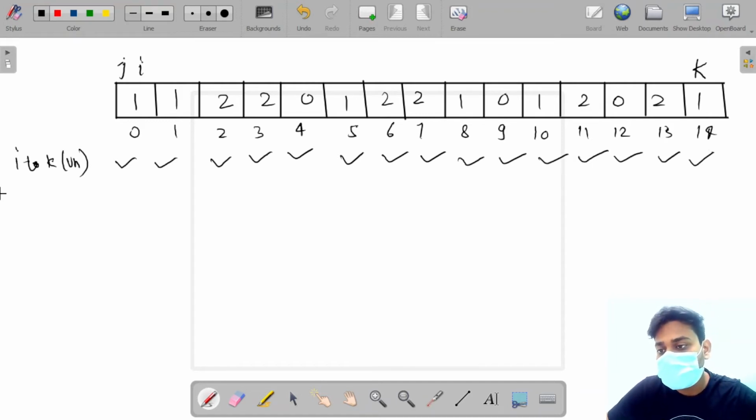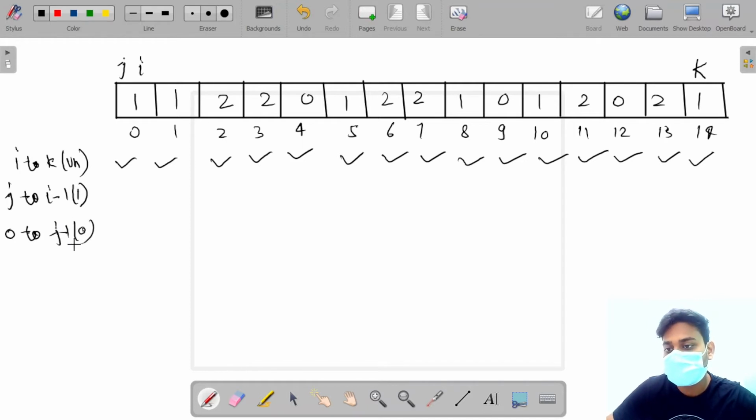The second region will be from j to i minus 1, which will be known as the region of ones. Initially the region of 1 is undefined because all the elements lie in the unknown region. Now the third region will be from 0 to j minus 1, and this region will be known as the region of 0.